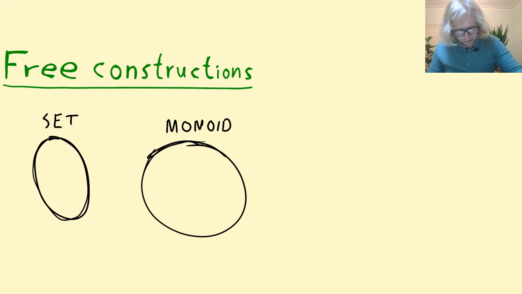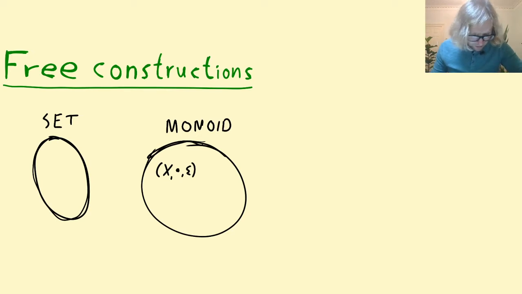And one way to see this is that objects over here are of course a set X and a multiplication and a unit. So we could always forget about this structure in order to make something down here. So there is a functor going this way which forgets about the extra structure, right?